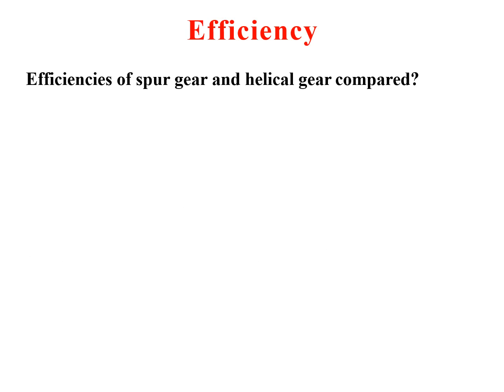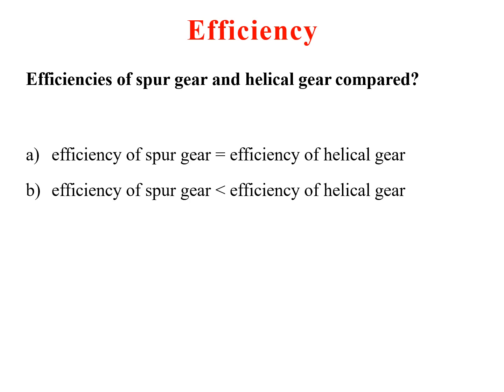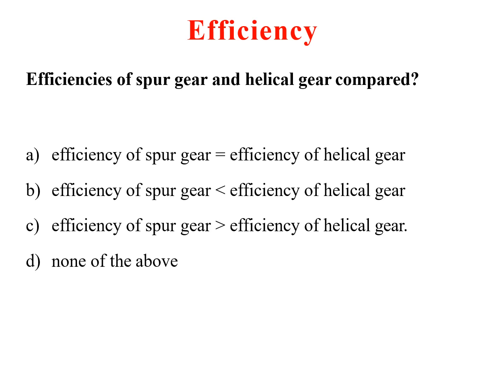So, talking about efficiency, here is a question for you all: efficiency of spur gear and helical gear, if they are compared, then these are the options. Efficiency of spur gear is equal to the efficiency of helical gear, or less than, or greater than, or none of the above.